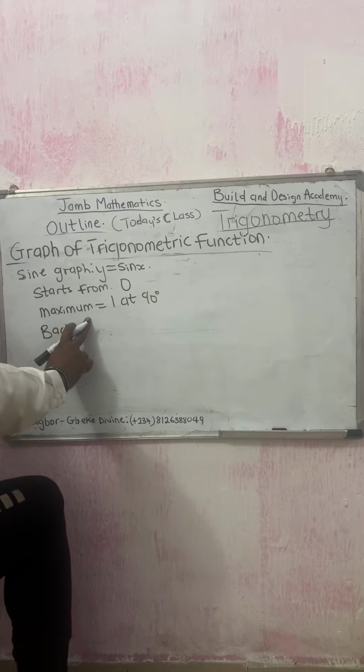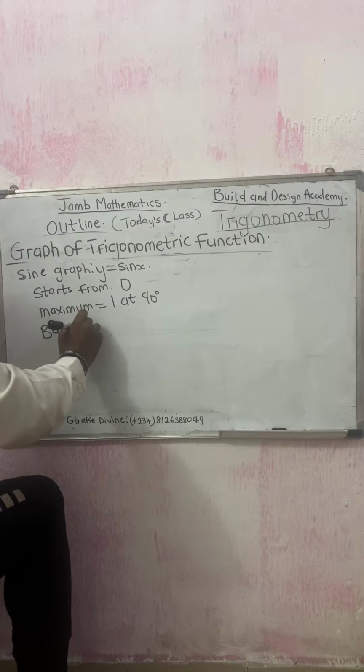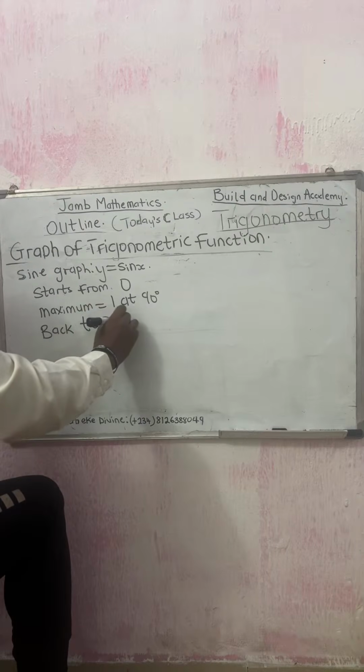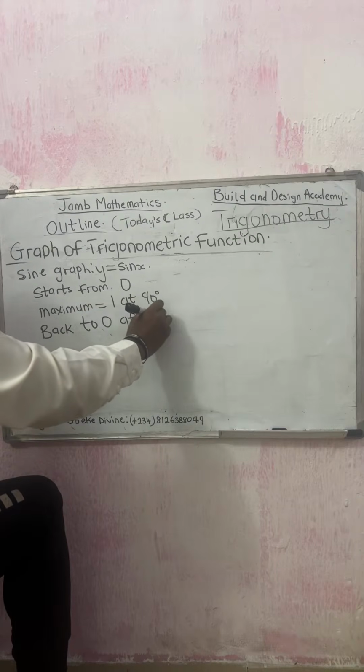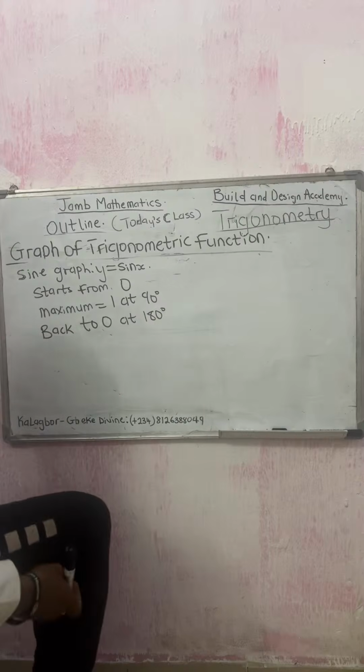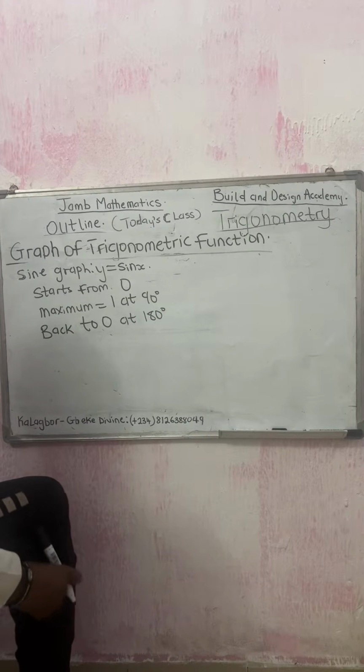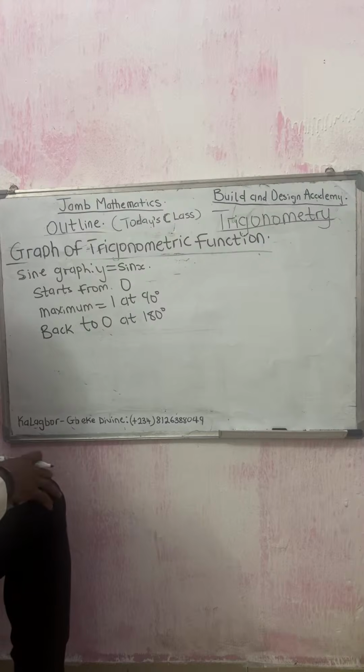The maximum is equal to 1 at 90 degrees. Take note. Then it goes back to 0 at 180 degrees. Take note of these key properties.